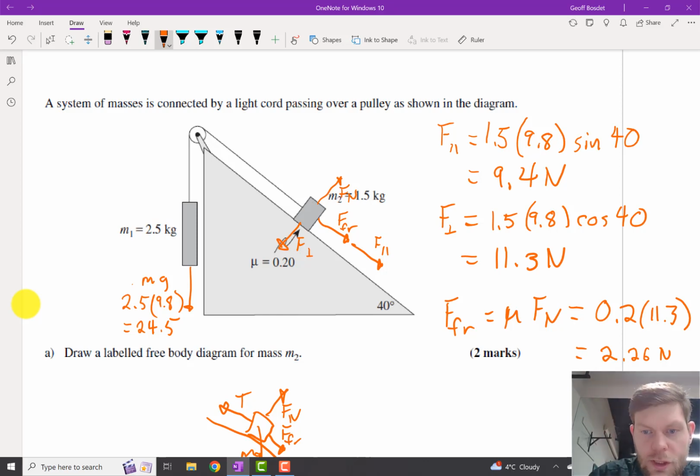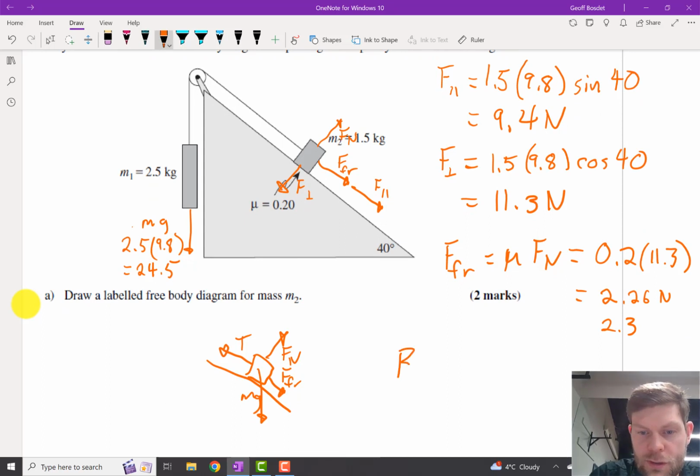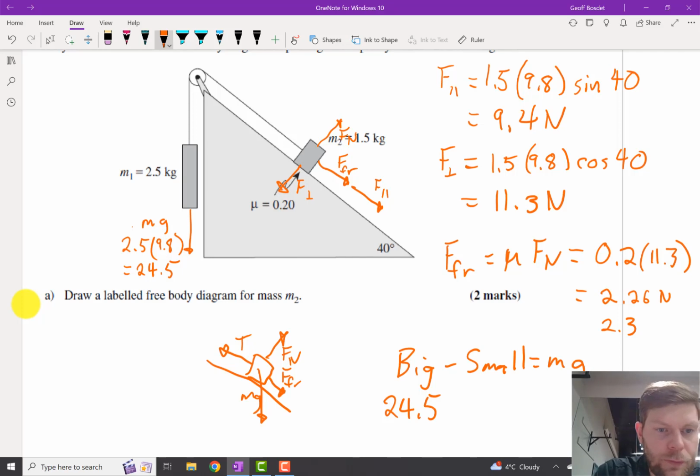And so we'll just do a big minus smalls. Big minus smalls equals MA on the whole system. Big, we've got 24.5, our big gravity here, pulling on this guy. And in this corner, we got our friction, and we got our F parallel.